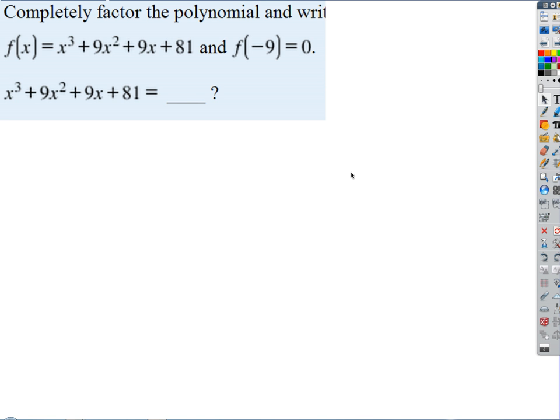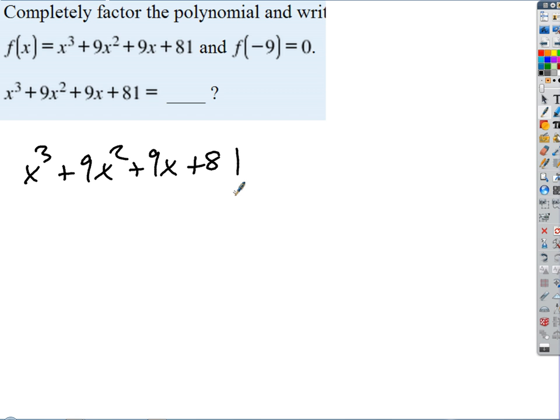Sure, it's factoring, but factoring is pretty simple because you're given a factor, right? Completely factor the polynomial and write it in factored form is what it says, given one of the zeros or one of the factors, can't remember what the wording is. So we know that x cubed plus 9x squared plus 9x plus 81 is what we're going to factor.